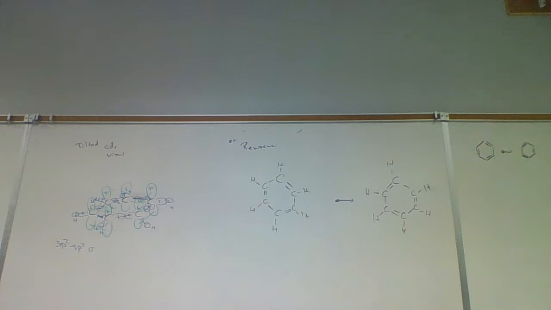Do you see that? Now, you take a look. Look at these two p orbitals are adjacent to each other, right? But so are these two. Do you see these two p orbitals here, even though there's no pi bond between them, are adjacent to each other?